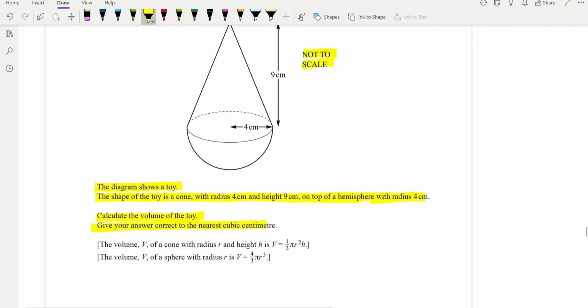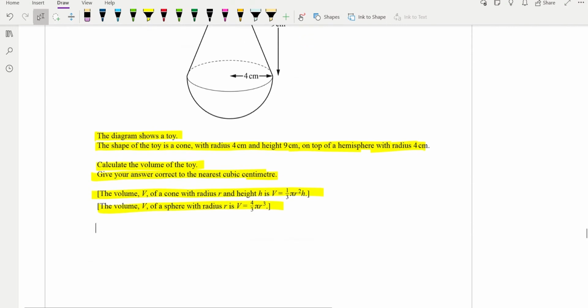Give your answer correct to the nearest cubic centimeter. And they have provided formulas for our convenience for the sphere and for the cone. And keep in mind, the formula for the sphere is for a complete sphere, but we are having a hemisphere, so we have to reduce.